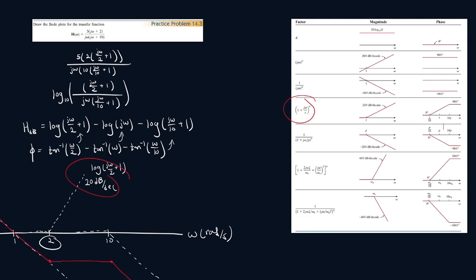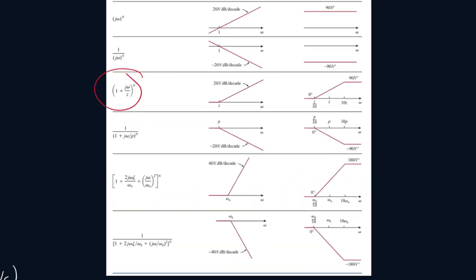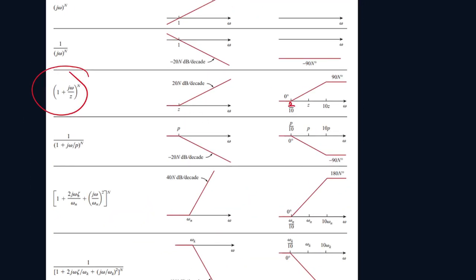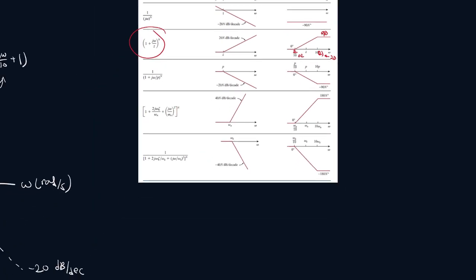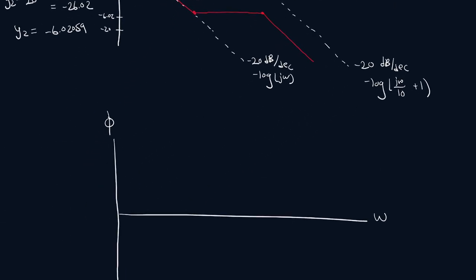So for us, our z value will be 2. So this will be 2, this will be 2. So this is 0.2, if I'm not mistaken. And then this is just 20. And then this is just 1, so 90 times 1, this is just 90. So that's how ours should look.